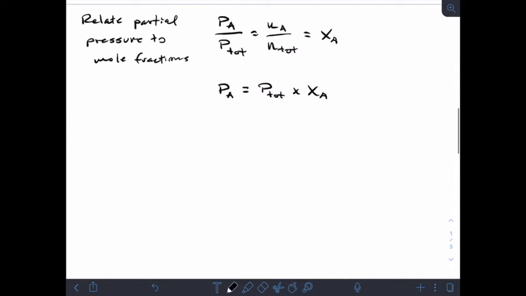We can also use the ideal gas law to solve for molar mass. If you don't have moles, but you have grams, you can use the ideal gas law to solve for molar mass.